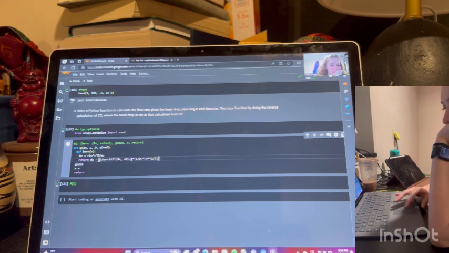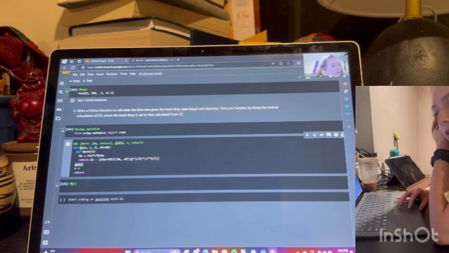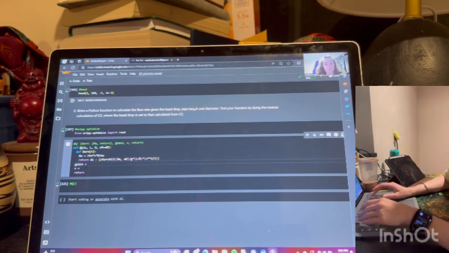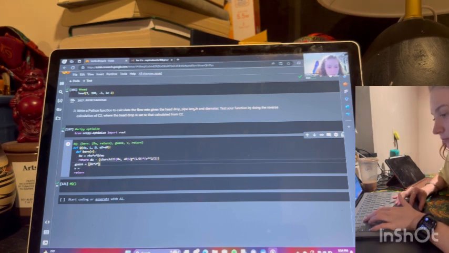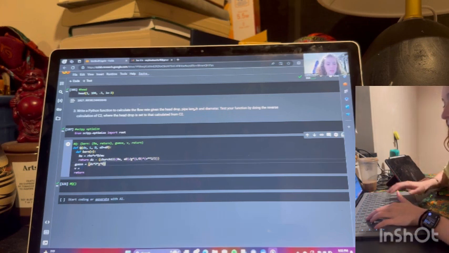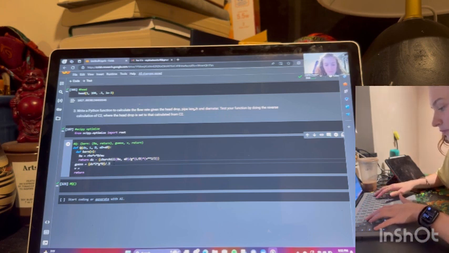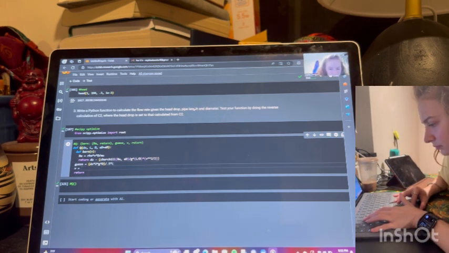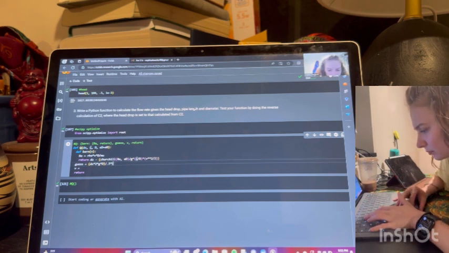That looks like there's an extra one here. And then we're going to guess with our G times our D, and then that's going to be divided by 0.5 times our L. I'm missing a parenthesis here.